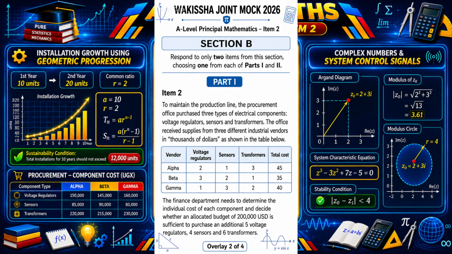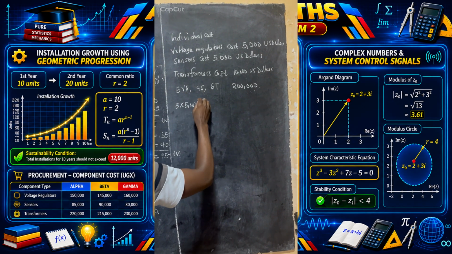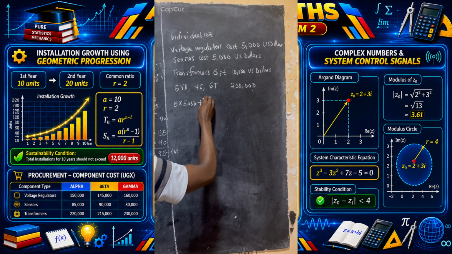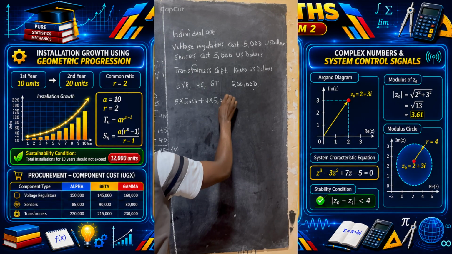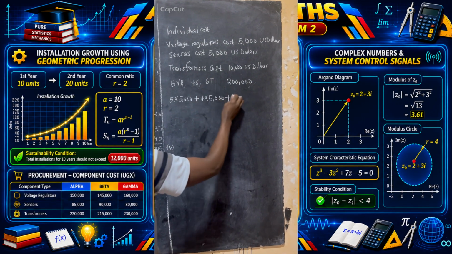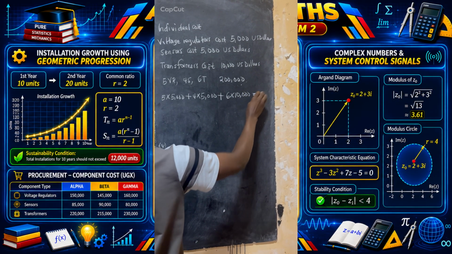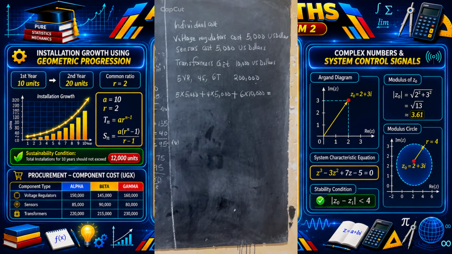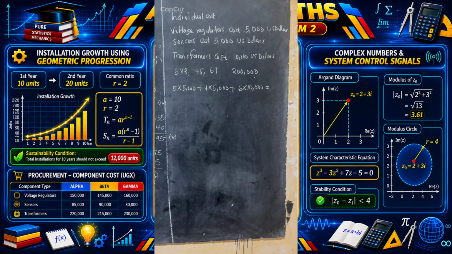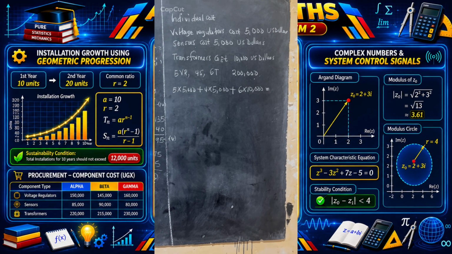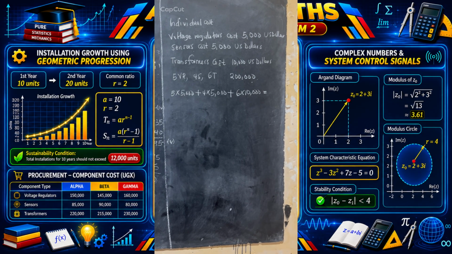So we are going to say 5 times the 5,000, the cost of a VR, plus 4 times the sensors, which go for 5,000, then plus the 6 multiplied by the 10,000. We want to see if it is less, then it will be sufficient. 5 times 5,000 plus 4 times 5,000, then plus 6 times 10,000.